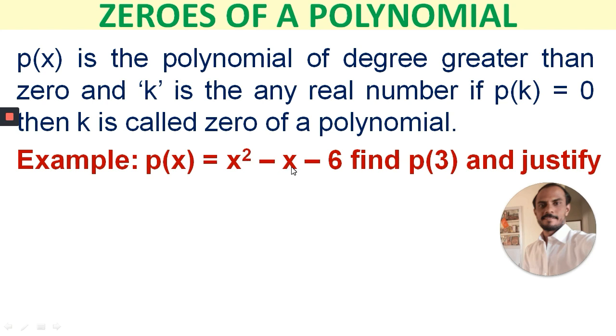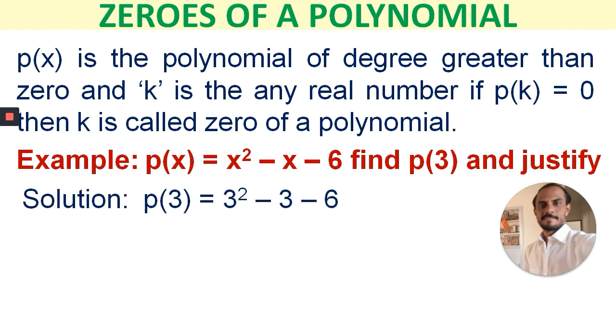Now the solution. P of x is equal to x square minus x minus 6. After substituting the x value as 3, P of 3 is equal to 3 square minus 3 minus 6.